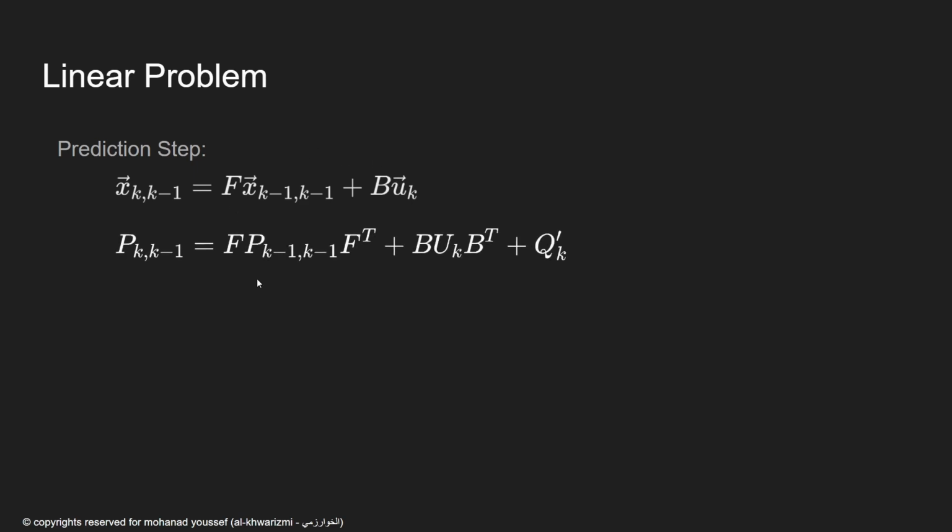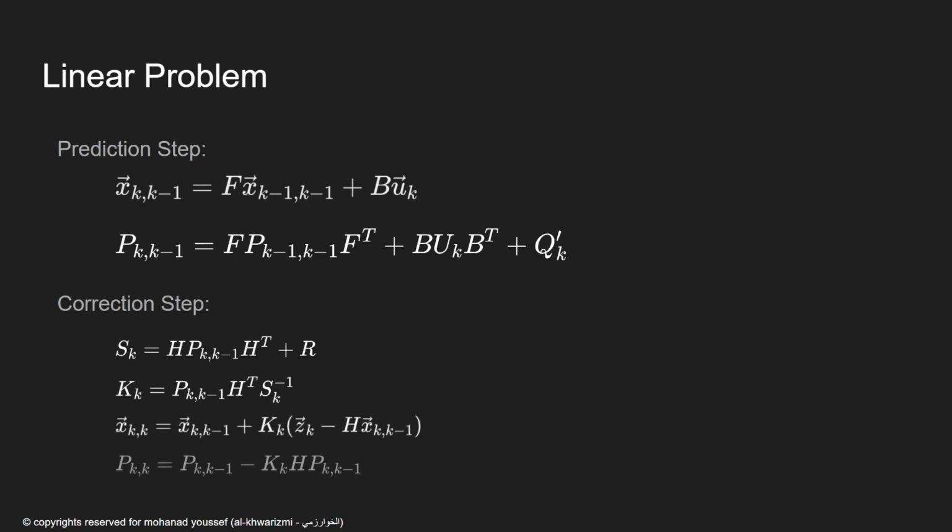So as you know, the normal or the standard Kalman filter is meant to estimate the optimal state of a linear system, and this linear system, so the linear equation, can be formulated into a matrix form, which is the F matrix here and the B matrix, that's for the input transition matrix, and then that's the equation for the propagation of the covariance, as we explained in the previous videos.